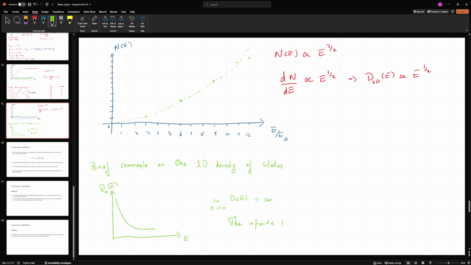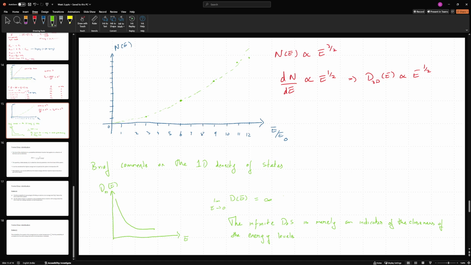The infinite DOS is merely an indicator of the closeness of the energy levels. What is meant here is that as E becomes lower and lower, my energy states are more closely packed. As E becomes higher, the energy states are more loosely packed, farther and farther apart.